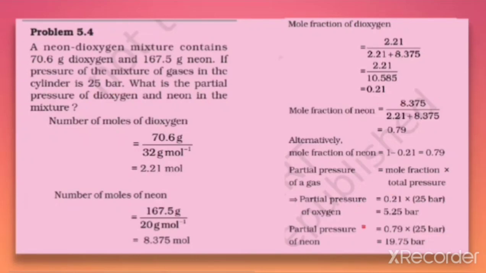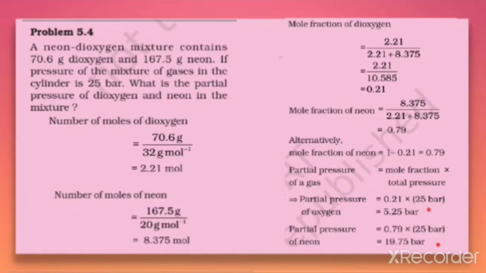Similarly, we do this for neon. The partial pressure P is equal to its mole fraction times the total pressure. The mole fraction of neon is 0.79, so 0.79 times 25 bar, the total pressure which is given. When you solve it, the partial pressure of oxygen is 5.25 bar and the partial pressure of neon is 19.75 bar.